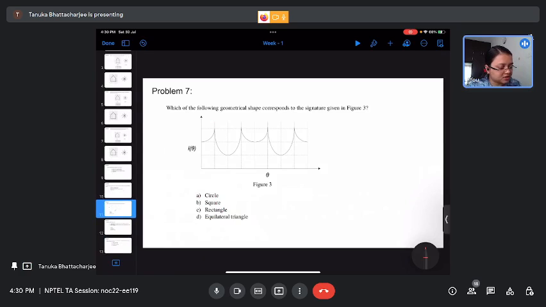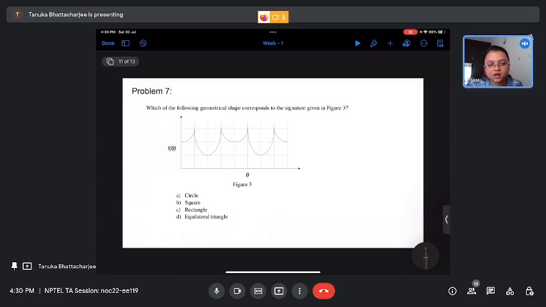Moving on to the last problem on boundary based features. This is on the signature. Here we have been given one particular signature, and we need to tell which geometric shape this signature belongs to.